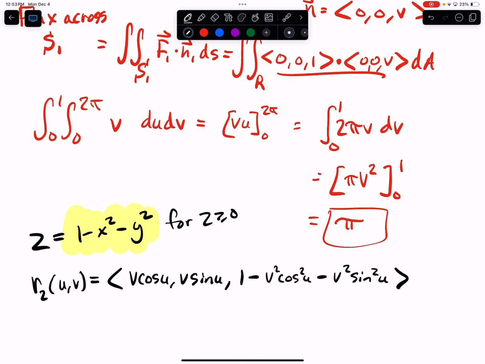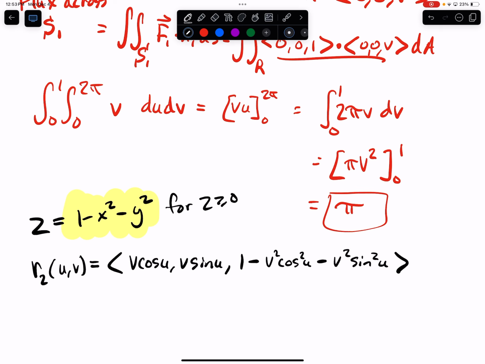Good. Okay. Now, we can simplify. Sine squared and cosine squared make what? 1. So technically this becomes v cosine u, comma v sine u, comma 1 minus v squared.